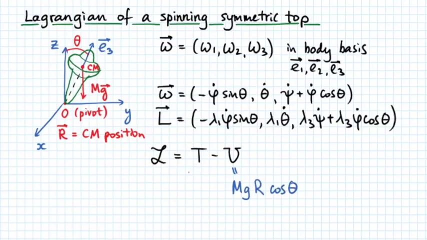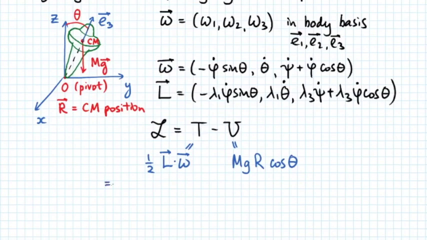For the kinetic energy, we can simply write it as half of L dot omega in the body frame, where our body frame is defined along the principal axes E1, E2, and E3, which simply gives us half of lambda 1 omega 1 squared plus lambda 1 omega 2 squared. Remember, we are dealing with a symmetric top. Lambda 1 is equal to lambda 2, plus lambda 3 omega 3 squared.